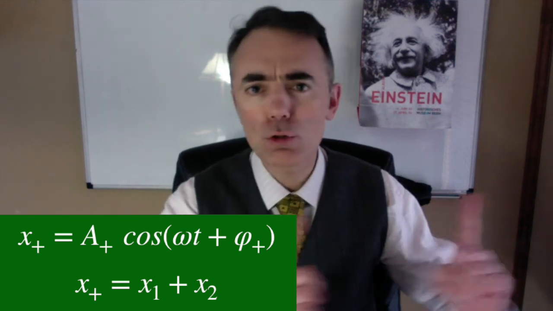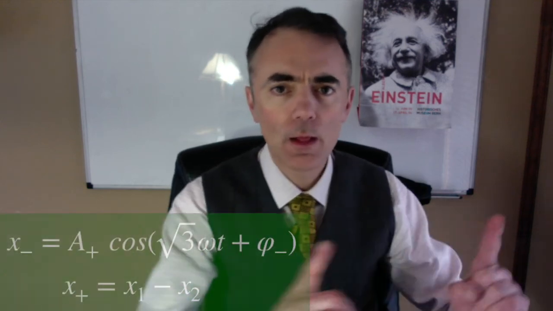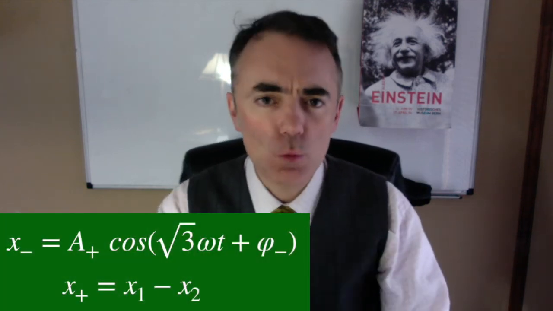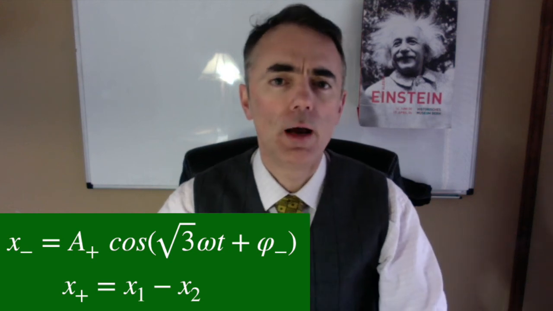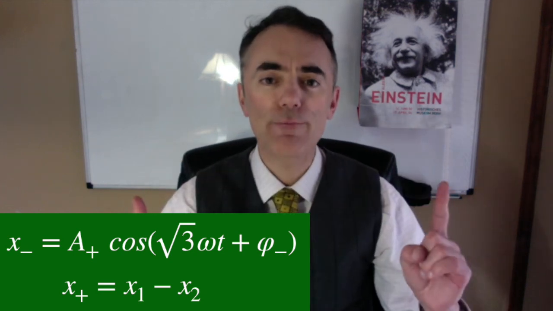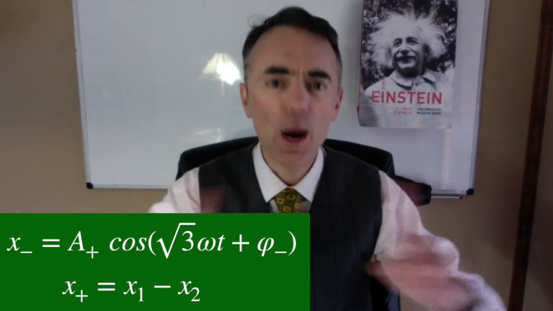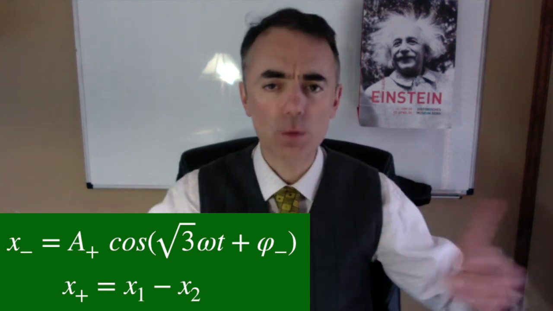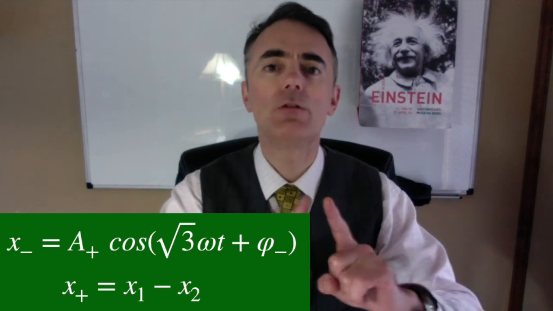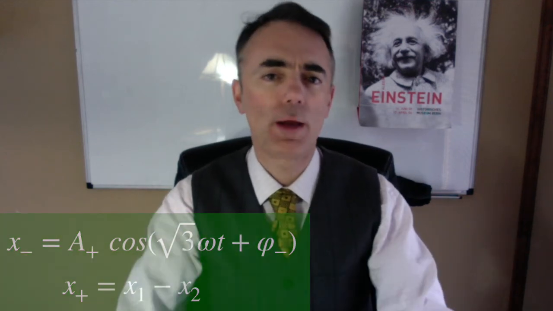Both particles move right and left in unison with omega. The second normal mode has frequency square root of 3 omega, and the positions are subtracted, so this mode would have both particles moving against each other, out of phase, one moving to the right while the other is moving to the left, with a frequency of square root of 3 times omega.